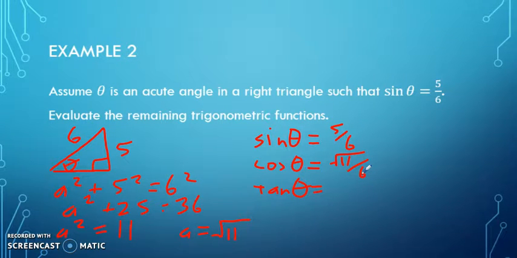For opposite over adjacent, this is where the problems are going to start to come in. I'm going to have 5 divided by the square root of 11. I need to rationalize this answer though. So I'm going to have to multiply the top and the bottom of the fraction by that radical. That way I can write my answer as 5 times the square root of 11 over 11.